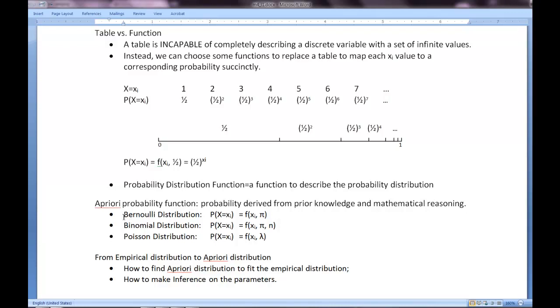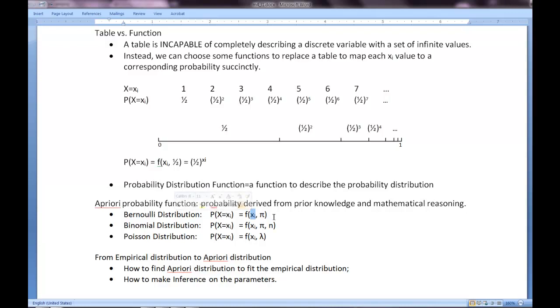And they are called Bernoulli distribution, binomial distribution, and Poisson distribution respectively. And each of them is using a functional relationship to map a valid value to a probability.